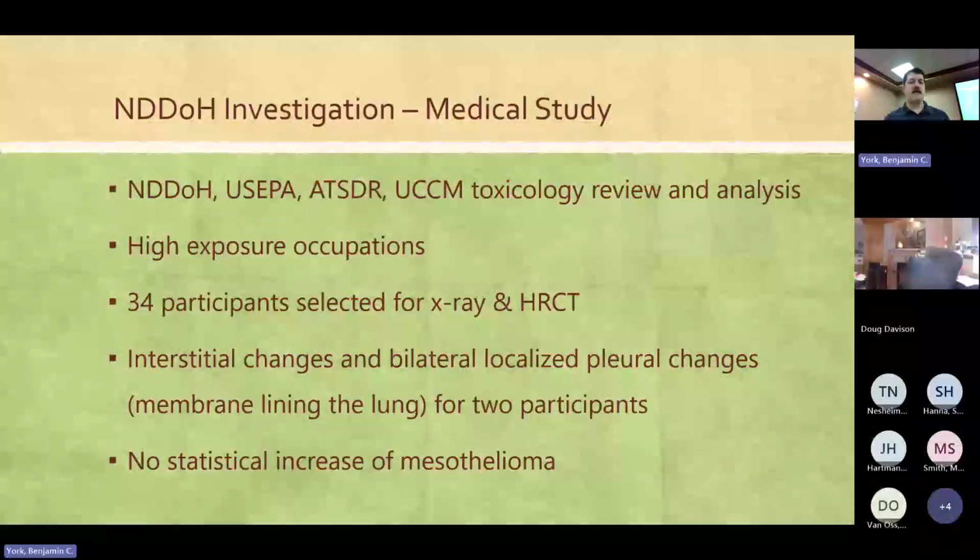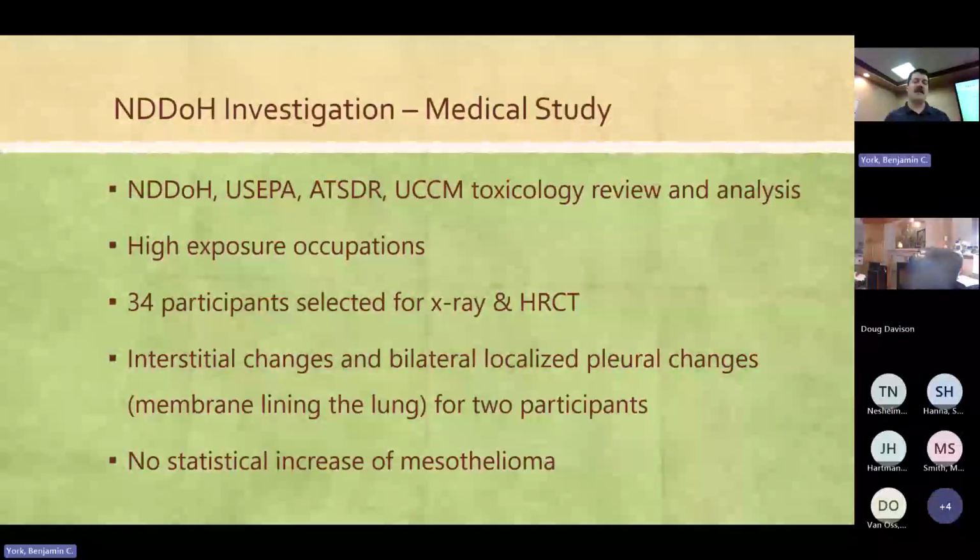So what was done was, after we had screened a number of people in the Killdeer area, we focused on high exposure occupations, because we figured if you're exposed to these gravels on a pretty regular basis, you should logically have more of an impact than someone who works in an office away from the gravels. But unfortunately, if you're familiar with Dunn County and Killdeer especially, there's just not a whole lot of people there.